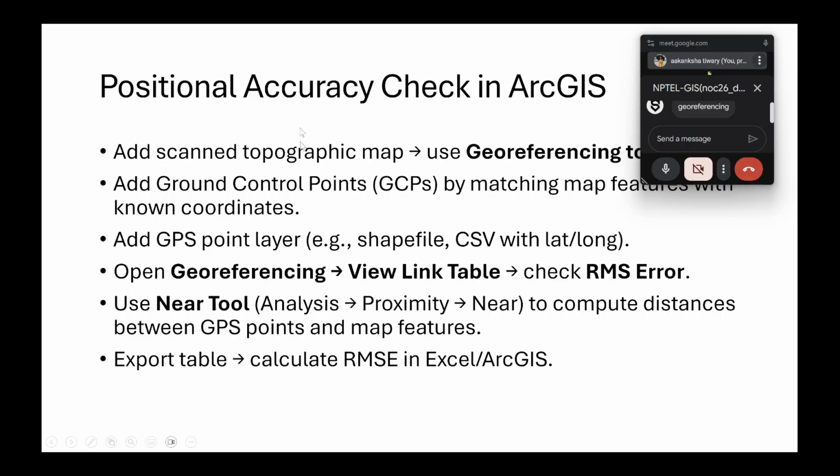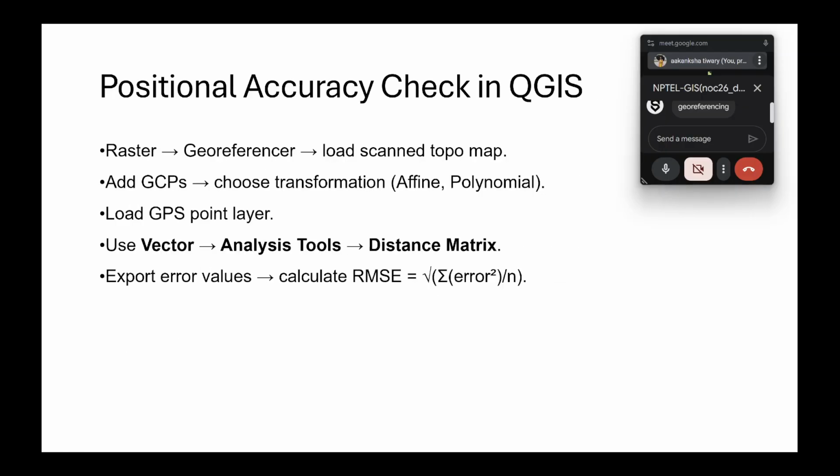For checking the positional accuracy, go to the link table and check the RMS error. If the RMS error is exceeding the resolution that you are aiming for, then you will remove that control point. Otherwise we will keep it.